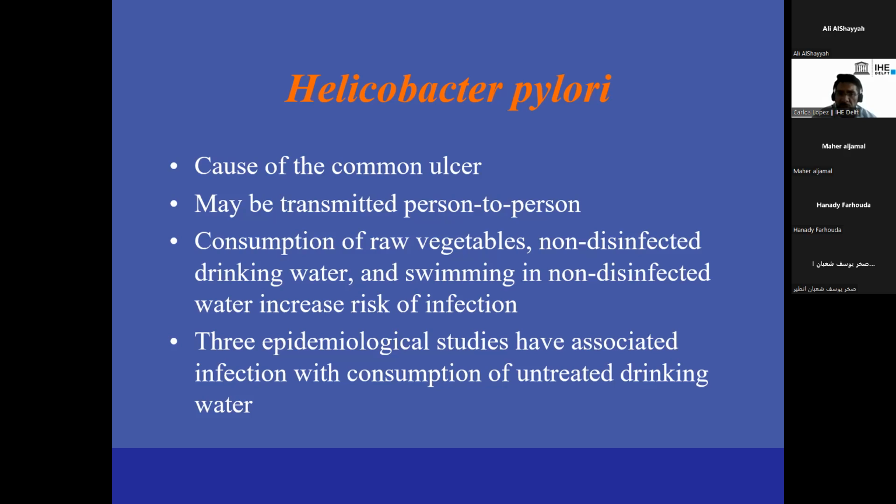They can be transmitted from person to person, but the most common way is the consumption of raw vegetables, or water that has not been disinfected, either drinking water or water from swimming pools that have not been properly disinfected, those with a low concentration of, for example, chlorine, or that have not been exposed to certain disinfection methods. Then they can easily turn into contamination focuses. But in many cases, the most common one is the consumption of drinking water.